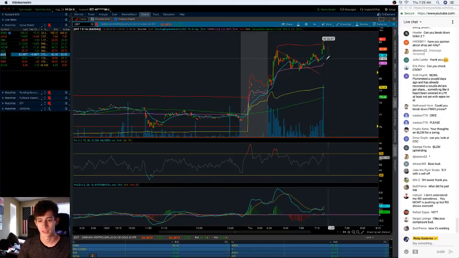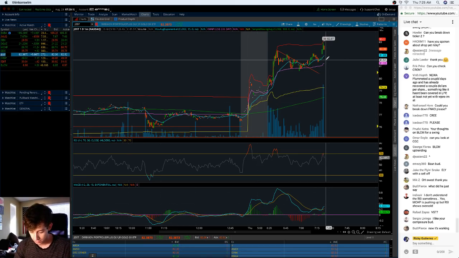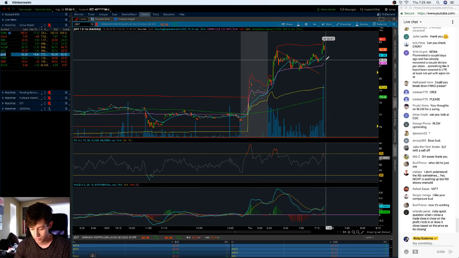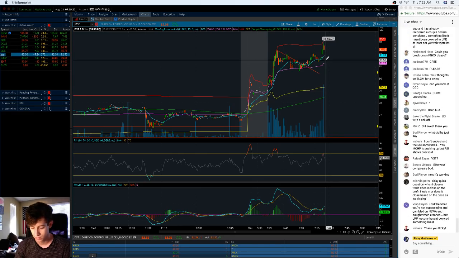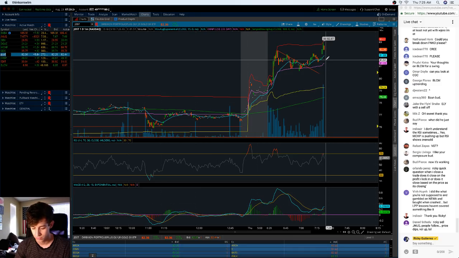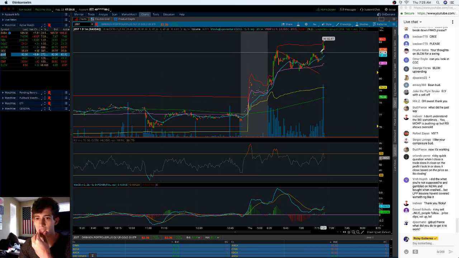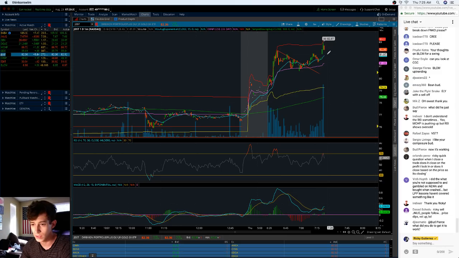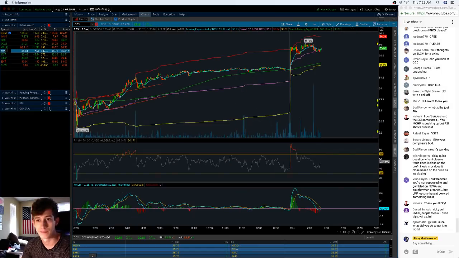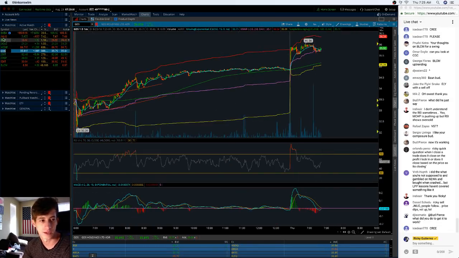Really nice push up on JDST. Okay, here's the pullback. I already sold JNEG. Nice little bounce off that middle VWAP. Nice, nice.